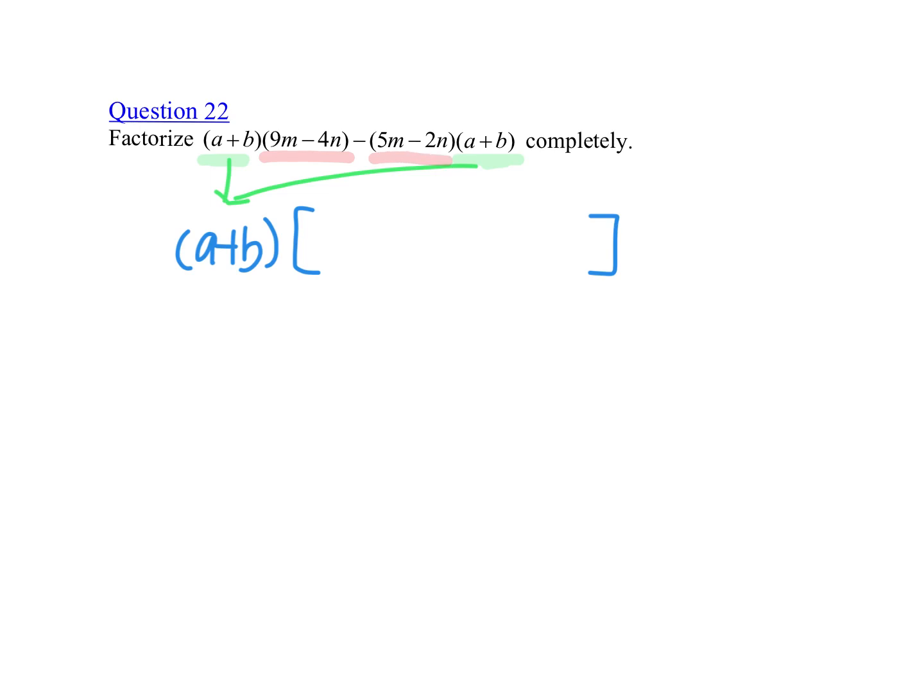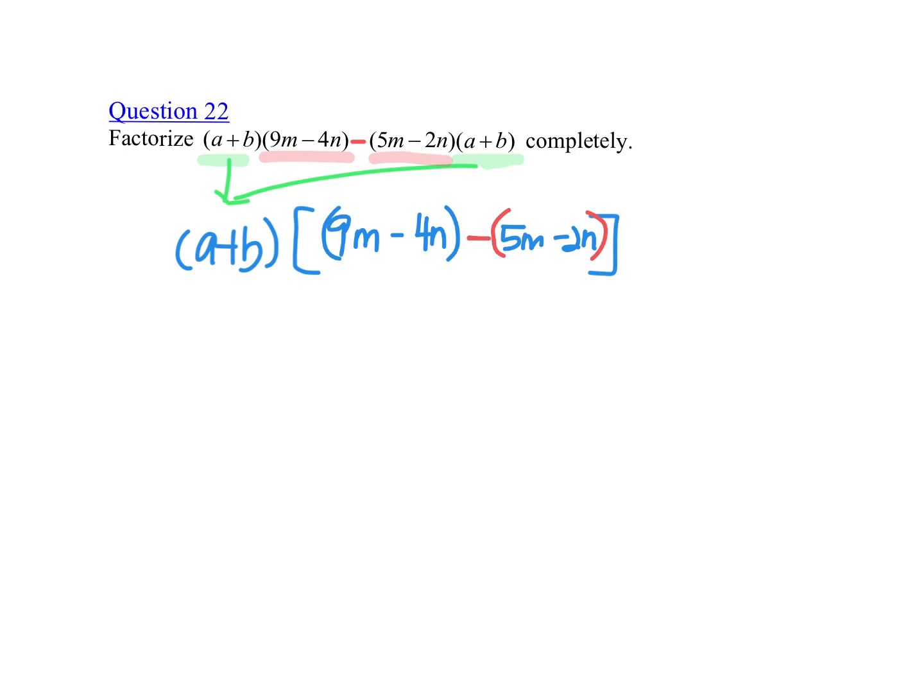So in this case, my bracket over here will be 9m minus 4n. Subtract, this one is a subtraction sign, right? Subtract the whole of 5m minus 2n.